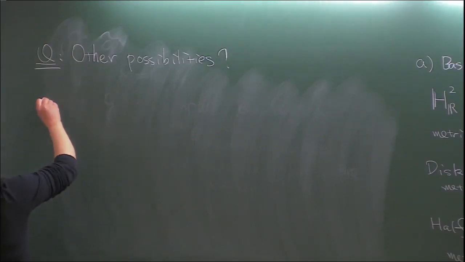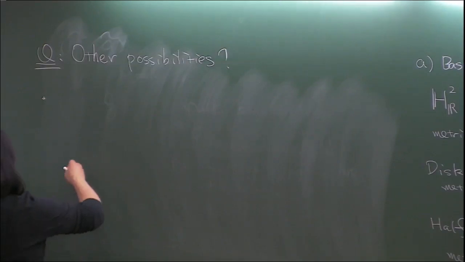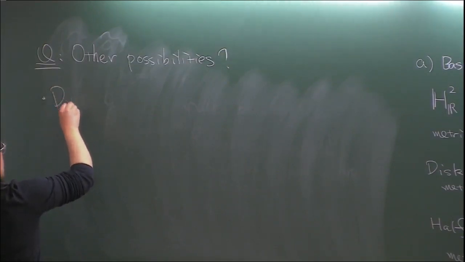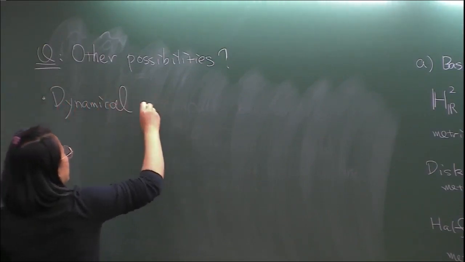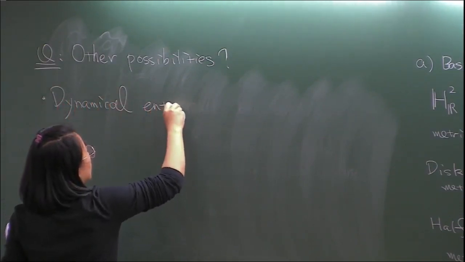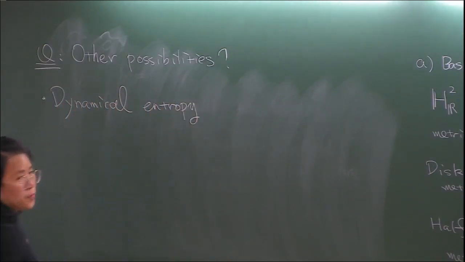Okay. So in these 4 lectures, we will study the possibilities using dynamic quantities. Actually, it's an entropy thing, and we will begin with dynamic entropy, actually lots of entropies.